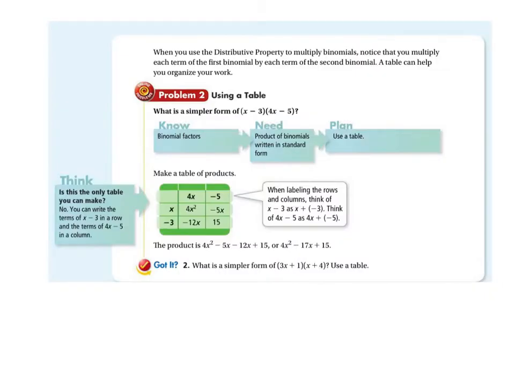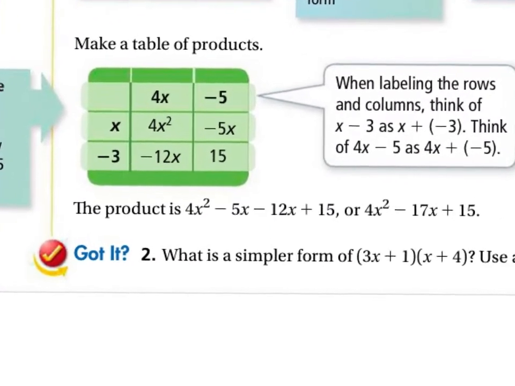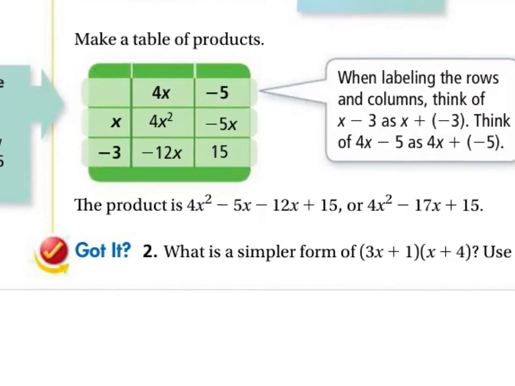If you look at problem 2, they're talking about how we could use a table to help us organize our work. If you want to use a table, that's fine, go for it. That's just not how I learned how to do these problems, but basically it's kind of like a multiplication chart. They put each term, and you may want to add the opposite like the book did when you're thinking of what goes where. It's x times 4x that gives the 4x squared, and then x times negative 5 is negative 5x.